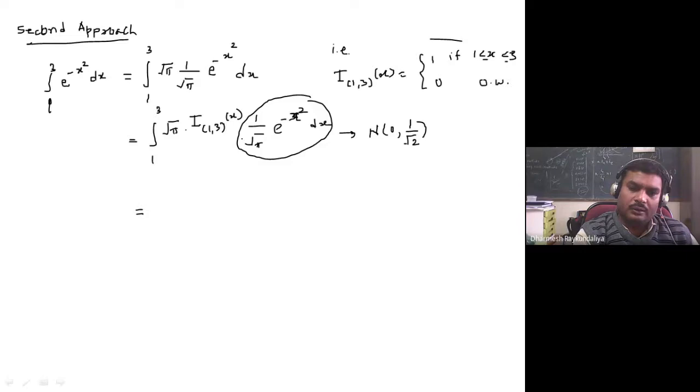Here it is root 2, so that cancels out. And here it is 1 by 2 sigma square. 1 by 2 into sigma square, where sigma square is 1 upon root 2 square, which is 1 by 2, so the 1 by 2 cancels out. It is e raised to minus x square. So this is my normal density.